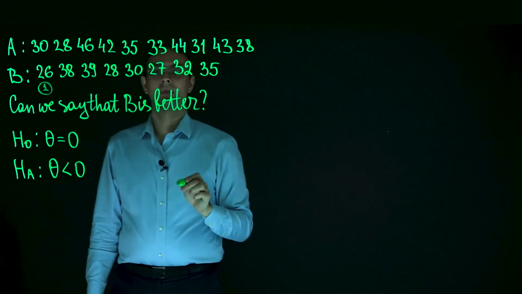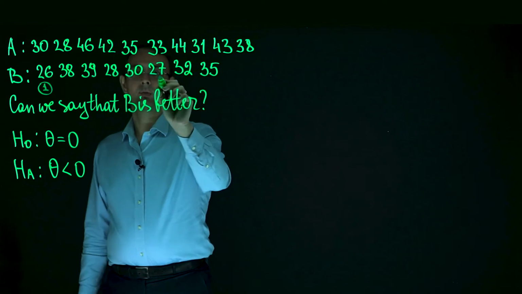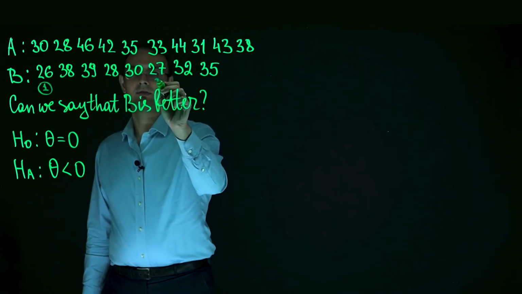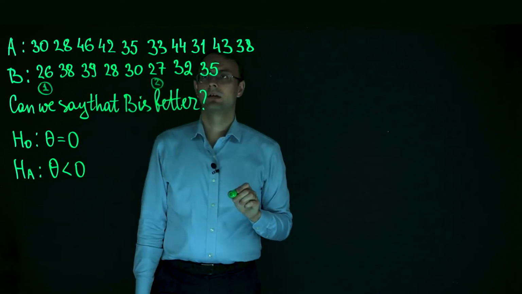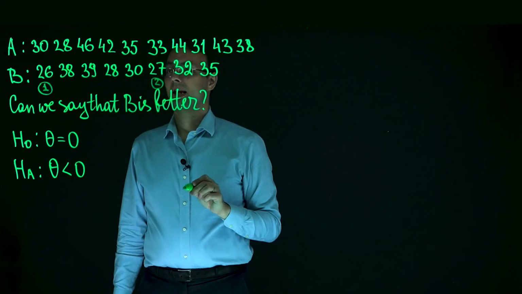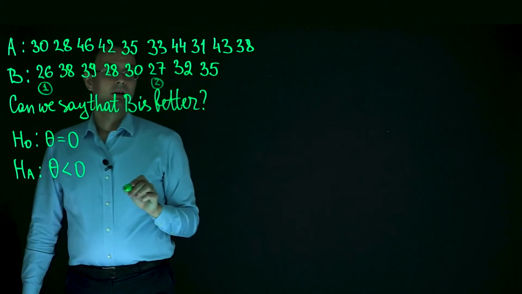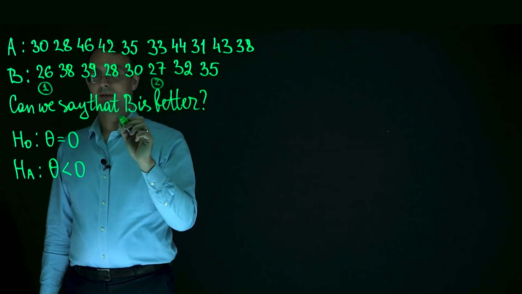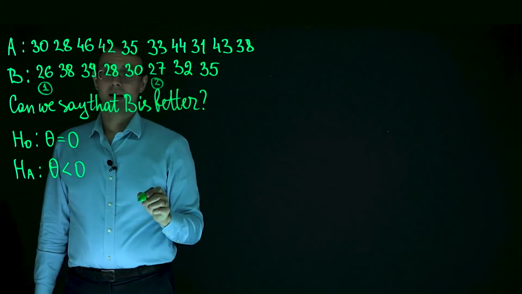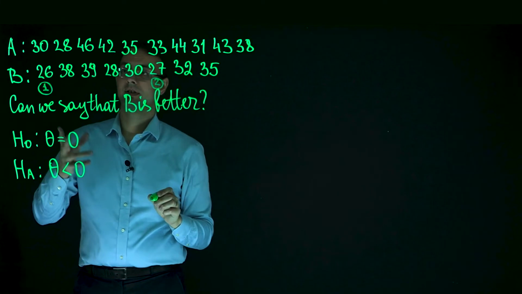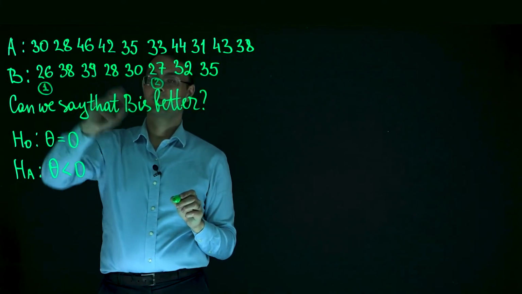Then we have 27, and its rank is 2. Then the next one is 28, but we see that 28 is present twice here.